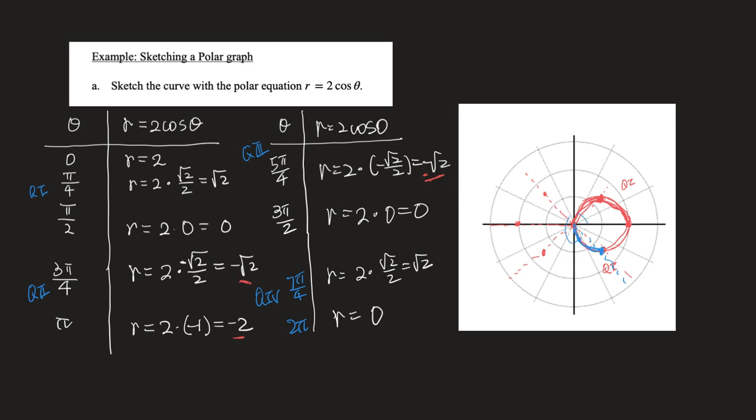Go back to here, then 2 pi goes back to here. So this represents the polar equation. You're thinking about the repeated sine values, and whether they are positive or negative depends on the coordinate plane. You can sketch the polar coordinates easily.